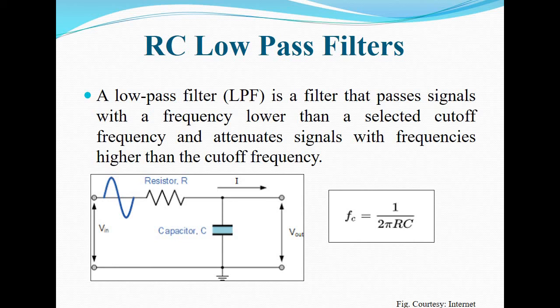That means a low pass filter will pass only the frequencies which are lower than the cutoff frequency, and it will not allow the frequencies higher than the cutoff frequency to pass. That is the function of a low pass filter.